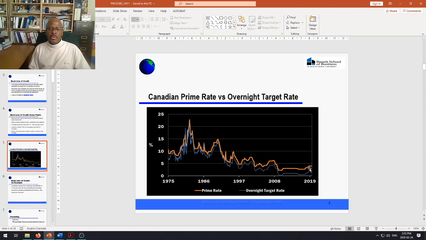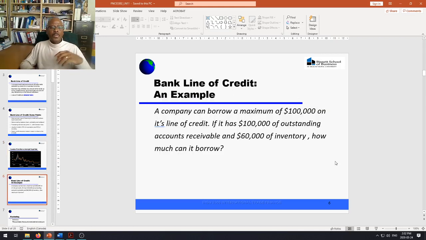These days, the prime rate is very low, historically speaking, somewhere around 3 to 3.5%. That's where it fluctuates. So in terms of the cost of borrowing money, the line of credit is very cheap because it's based off this prime rate.